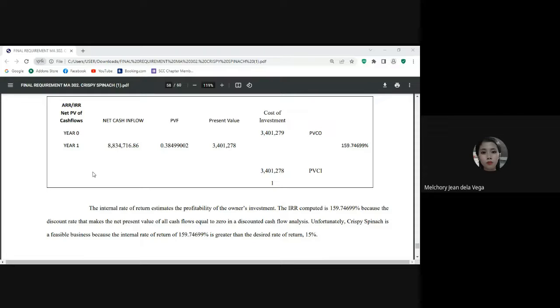It will not eventually reach exactly zero, because if we change one number between the points, it will result in a negative 1,000 times, I think. So we have decided that 159 point something is our computed IRR.